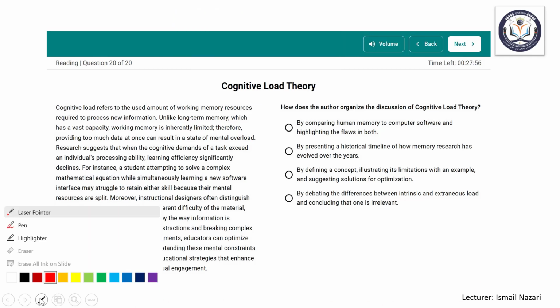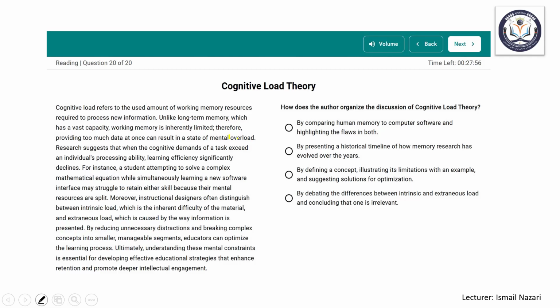The best way to find out the answer here, let's look at the cognitive load theory itself. First of all, if you look at the keyword here, the keyword is "refers to." Cognitive load refers to. It means this word is indicating a kind of definition of cognitive load. So the idea is starting with a definition. Then how it works, it talks about that.